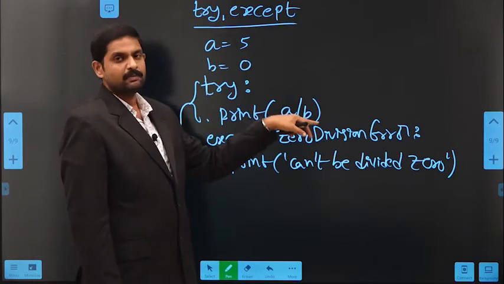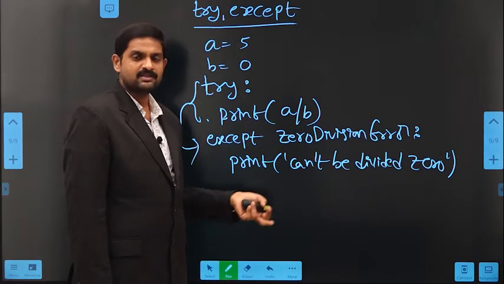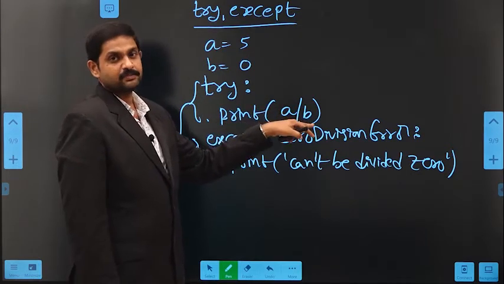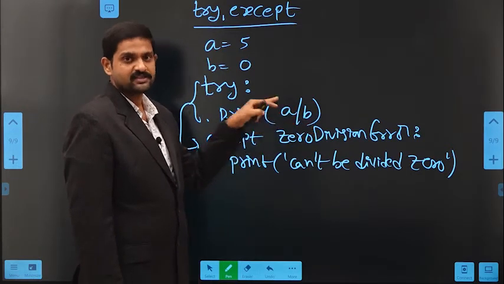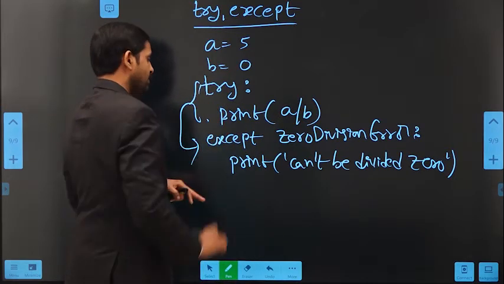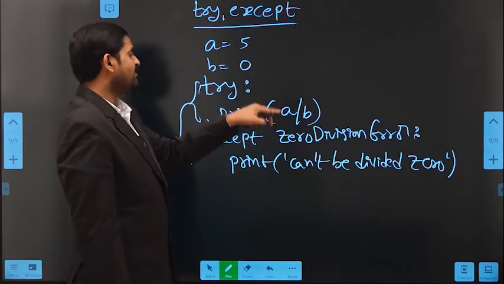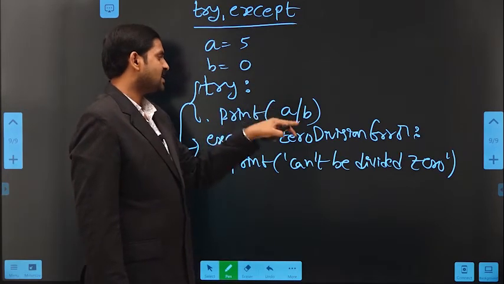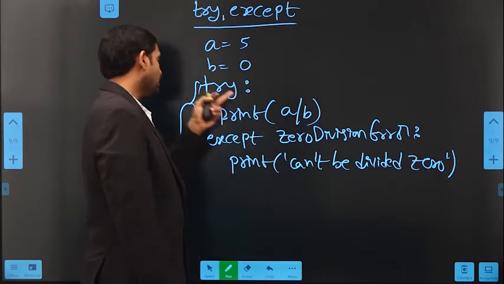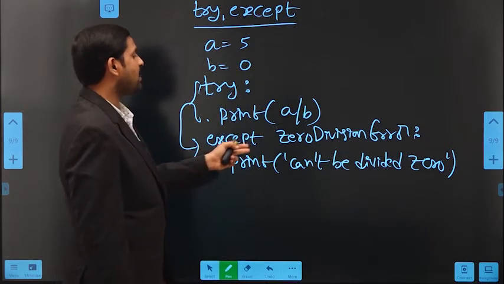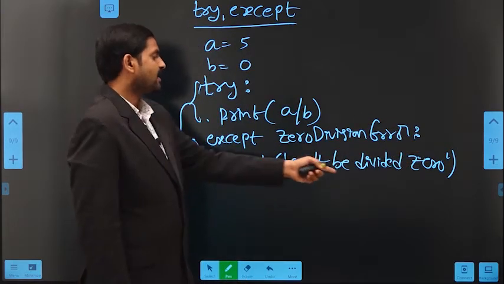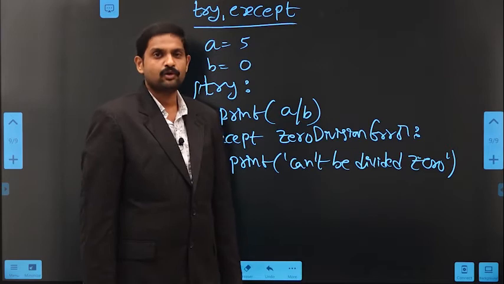Print A by B, 5 by 0. Is it possible? No. So it generates an exception, not an error, so it should be under the try block. Whenever the interpreter knows that a division error has occurred, it goes to the except block, ZeroDivisionError found. So it prints that it cannot be divided by 0.